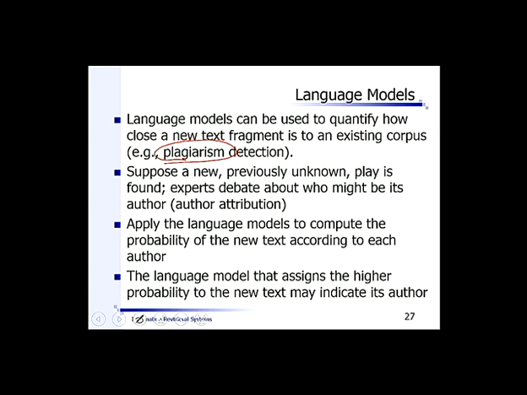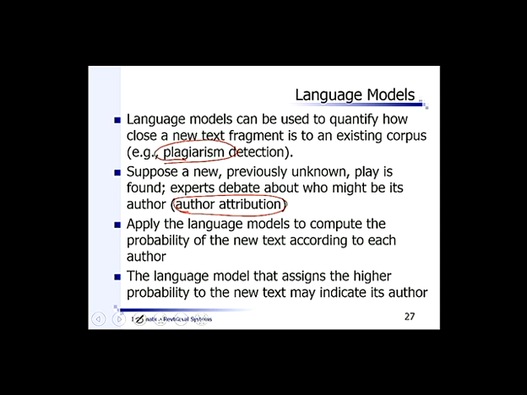Another, suppose a new previously unknown play is found, and experts debate about who might be its author. Author attribution is another application. We have found some text and people debate: okay, it might be written by Shakespeare, and another says no, it might be written by some other author.